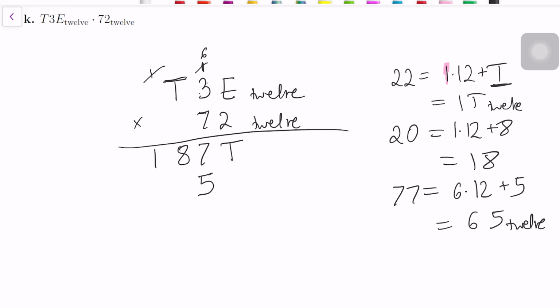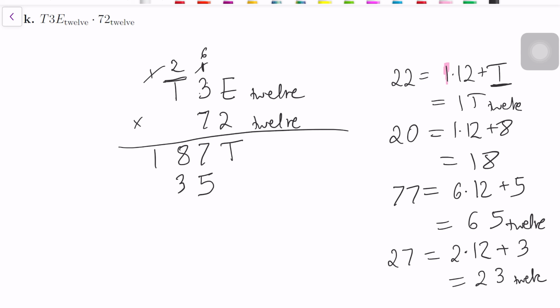Now 7 times 3 is 21, plus that 6 is 27, and 27 would be 2 times 12 because that's 24, and 3 units, so that would be 2, 3 in base 12. I always put here the number of units, so 3, and the number of longs, 2, carries over.